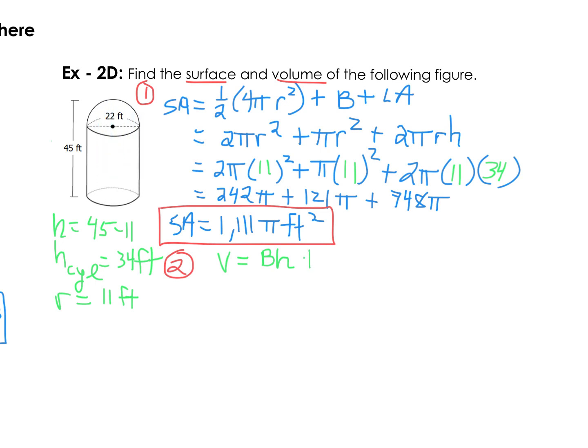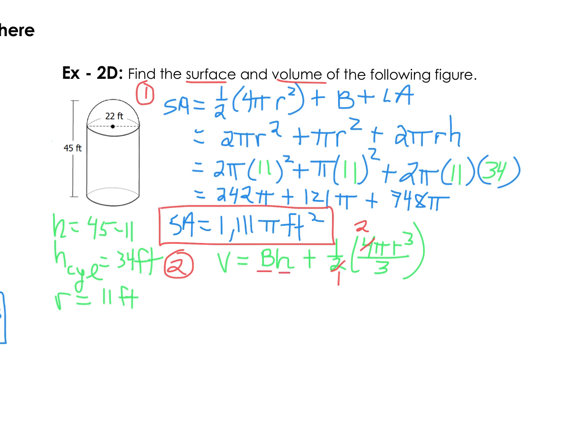So we want to add to that half of 4 pi r cubed over 3. So can't this 2 cancel into the 4 twice? So 2 goes in here once and 2 goes in here twice. And then I'm going to replace the values for B and H.